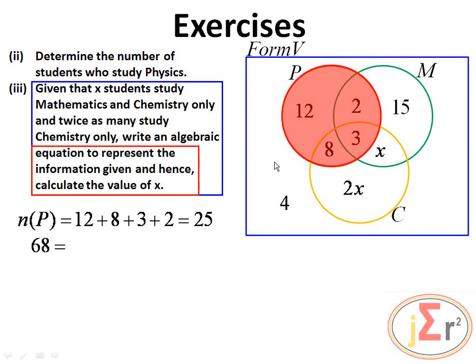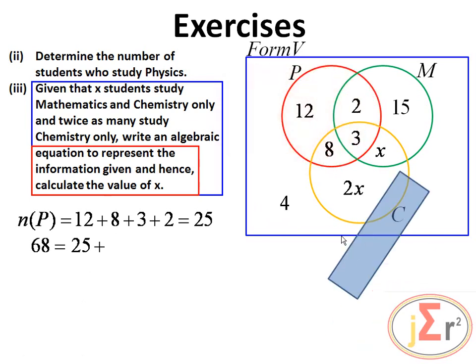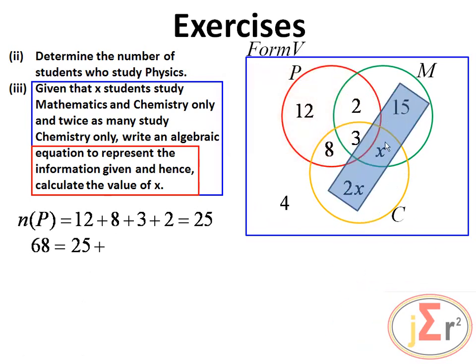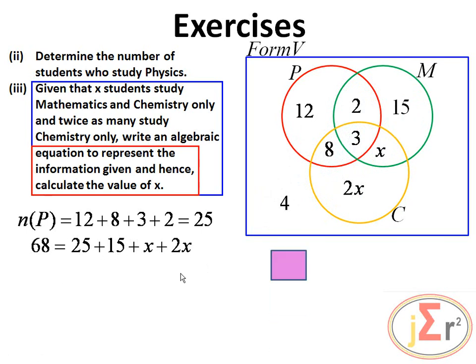Instead of writing down a lot of numbers, we know that physics alone has 25 students, so the 25 students of physics will go next. And of course, the rest will be added on the right hand side. So we have that 15 plus x plus 2x. That will go next. So 15 plus 25 is 40, and x plus 2x is 3x.